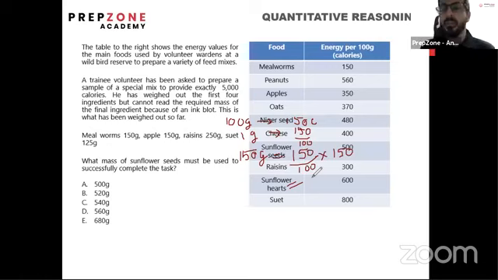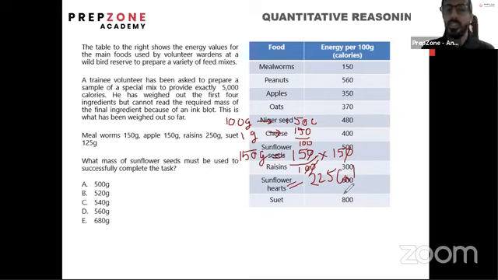Over here, it's all zeros, so this goes, this goes, this goes, this goes. The remaining is 15 into 15. If you don't know the table of 15, you would have to do the longer method, but if you know it, it's pretty simple. The answer is 225 calories.